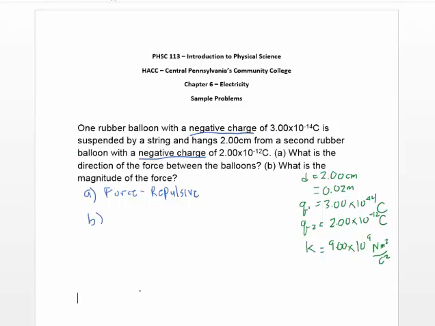So let's get the force figured out here. We know the equation for force. Force is equal to K Q1 Q2 over D squared. So let's put in the numbers that we know.